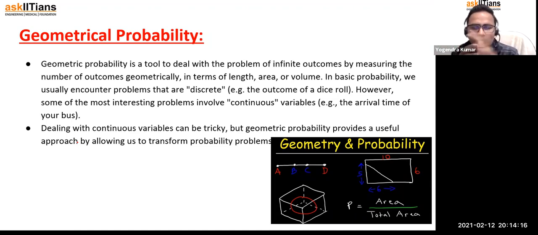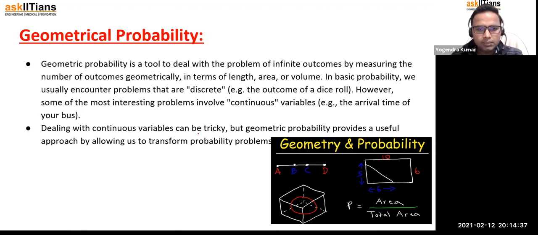That's why we need to take the area into consideration, or volume in a 3D shape. In 2D we are going to see the area, and sorry, if it is 3D we will take the volume, right?